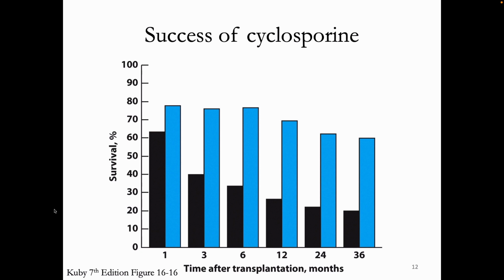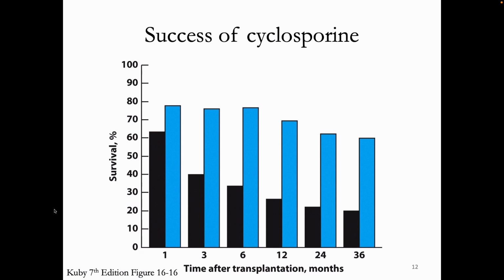So just to give you an idea of the success of cyclosporin, this gives you information on transplant survival at different times after transplantation. In the black is untreated, in the blue is treated with cyclosporin.